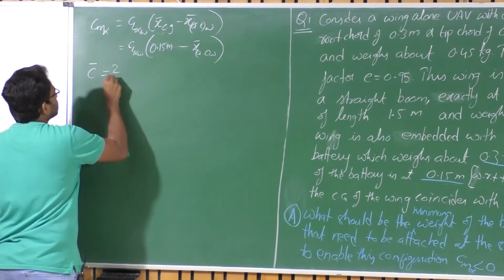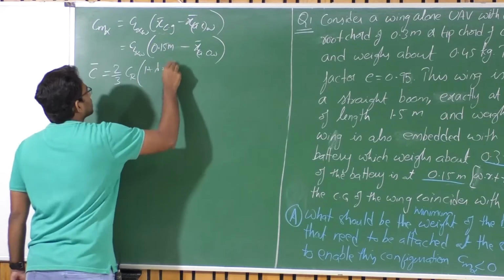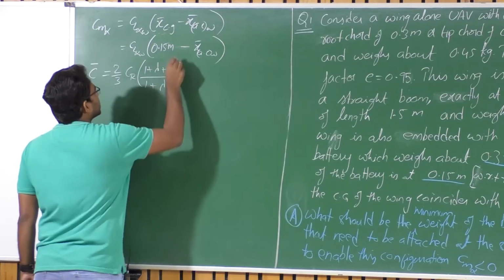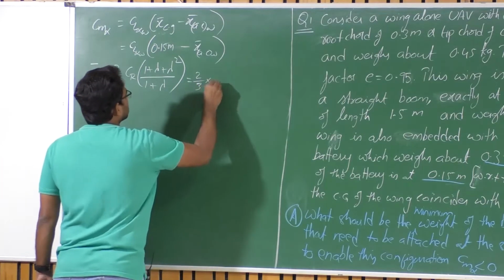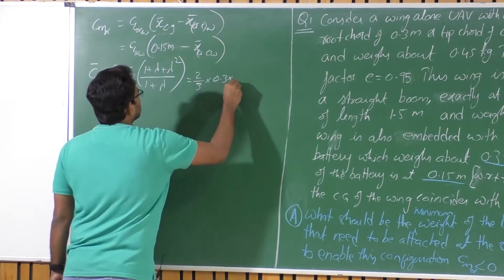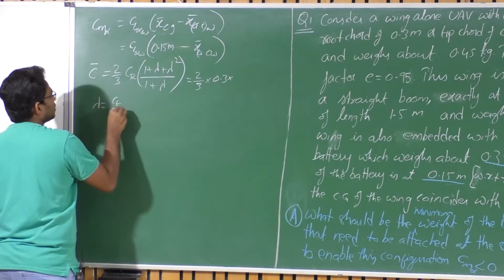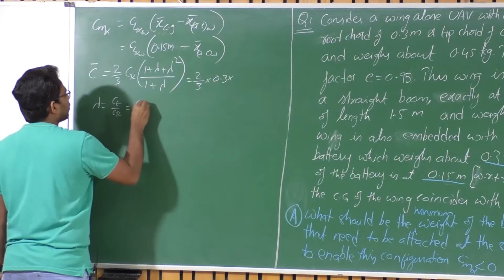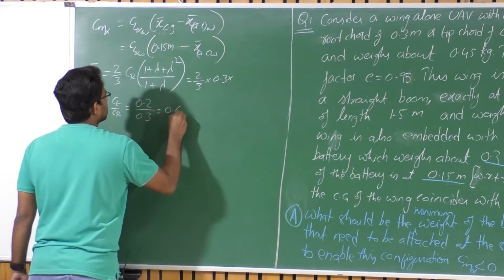C bar is 2/3 CR times (1 plus lambda plus lambda square) upon (1 plus lambda). It's a straight tapered wing. So 2/3 times CR, which is 0.3 meters, times lambda. Lambda equals CT upon CR. CT is 0.2 upon CR is 0.3, which is 0.67.